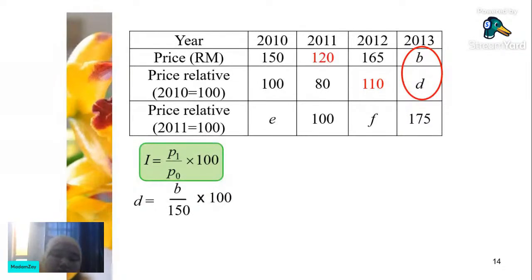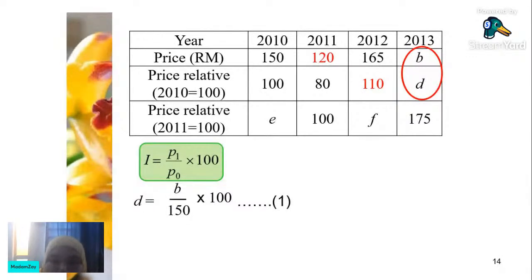Now for this one, we cannot solve because we have two unknowns. So we leave it as is first, because we might find other values. Okay, the next value we want to find is E. What is E? E is the simple relative price index with 2011 as the base.